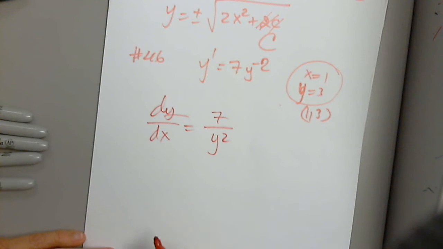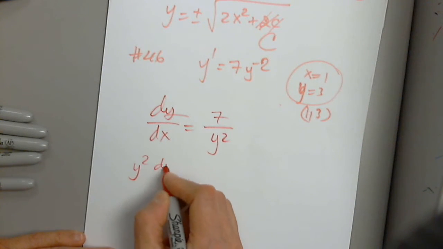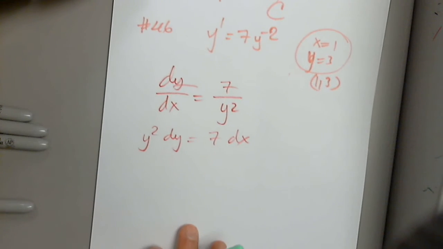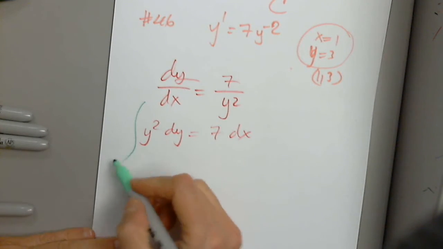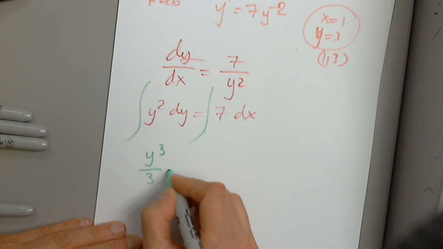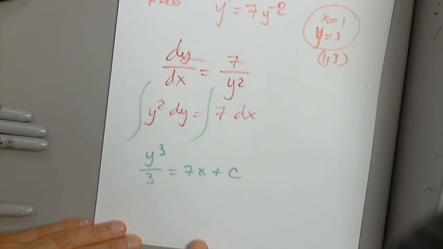And we proceed exactly as we did a minute ago. We integrate like we just did. We will have y cubed over 3 equals 7x plus a constant c.